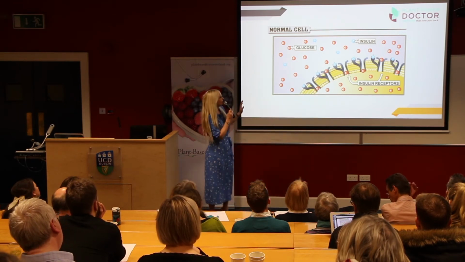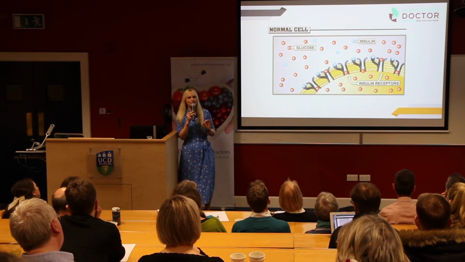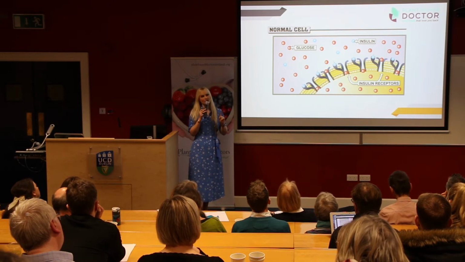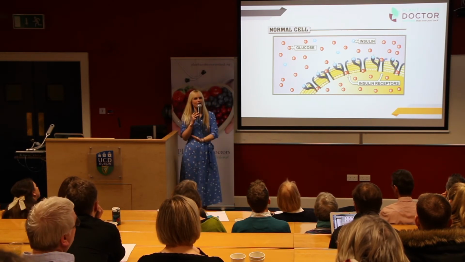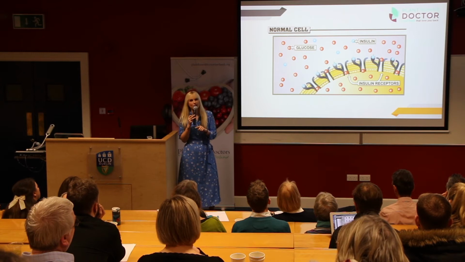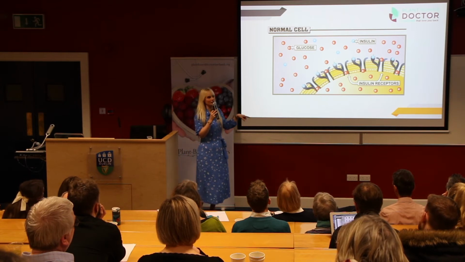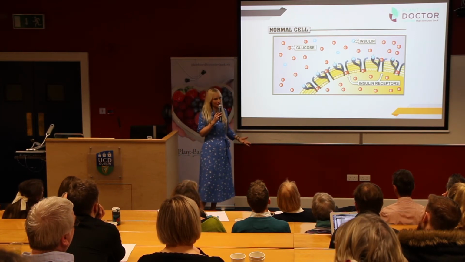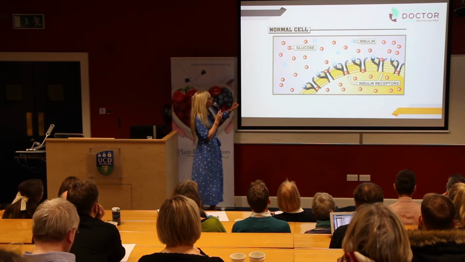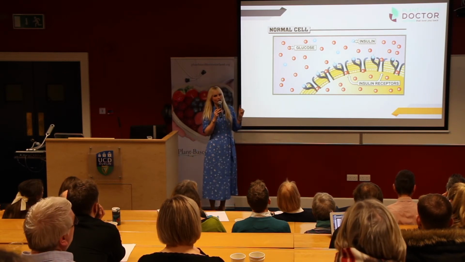So there's a lock and key mechanism, if you like, okay? So remember what I said with fat, there's no lock and key, it just has to go in. And that's why the fat cells are so important, because they protect the muscles and the liver from having to take on too much of this extra fat in the bloodstream. But there is a lock and key mechanism for glucose.